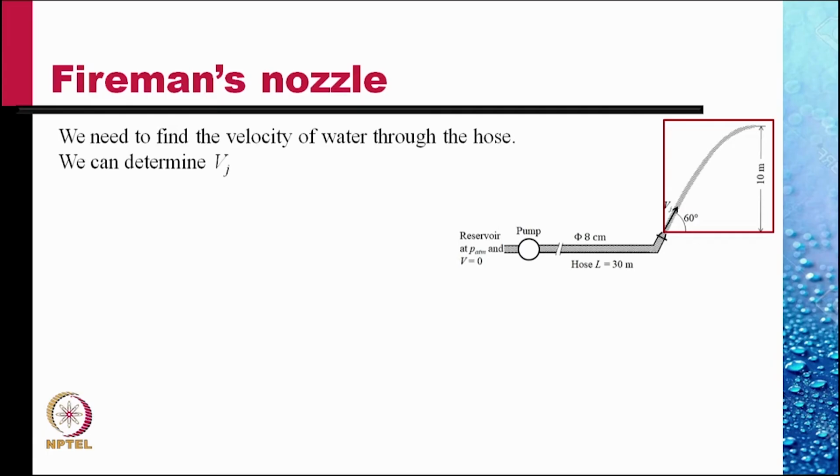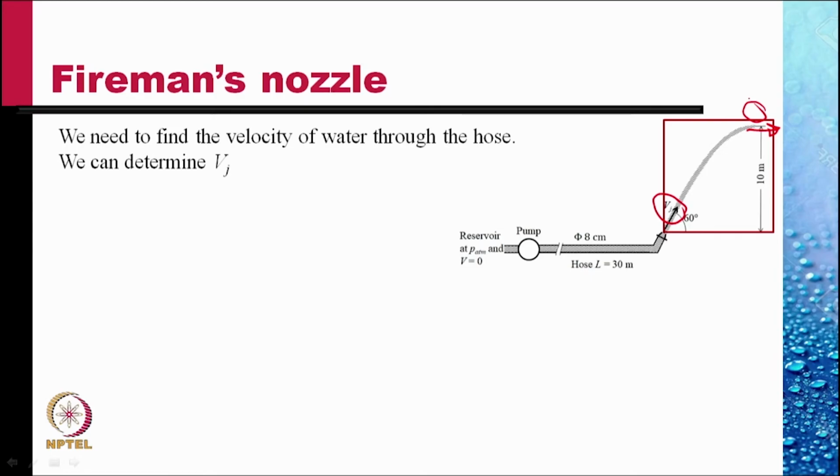The horizontal component is unaffected if we neglect the drag in air. The horizontal component to begin with is Vj cosine 60 degrees, that is Vj by 2. So the velocity at the upper end is simply Vj by 2, there being no vertical component.